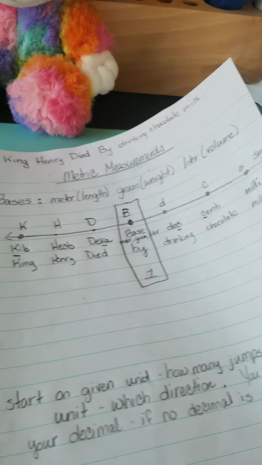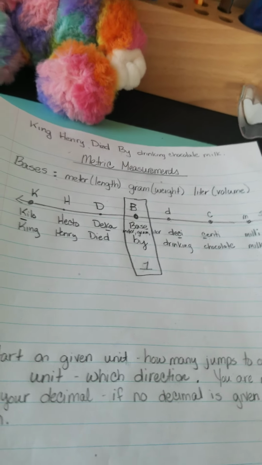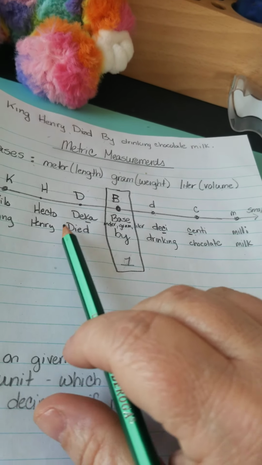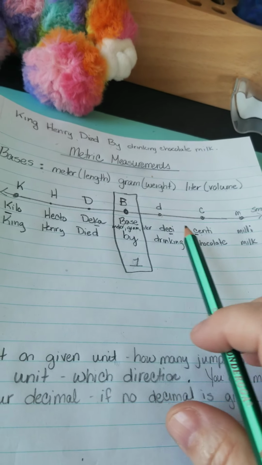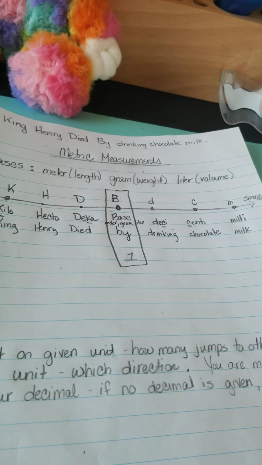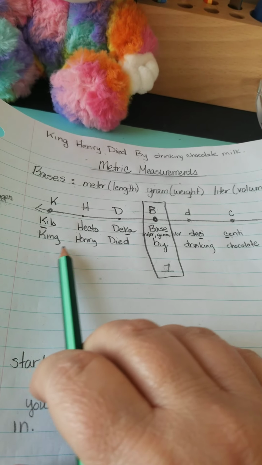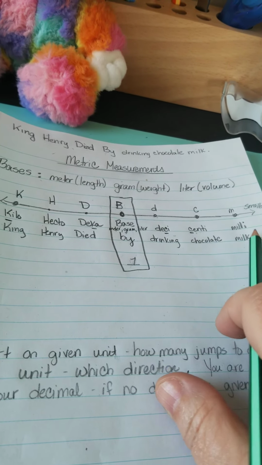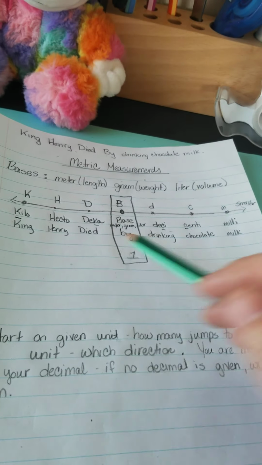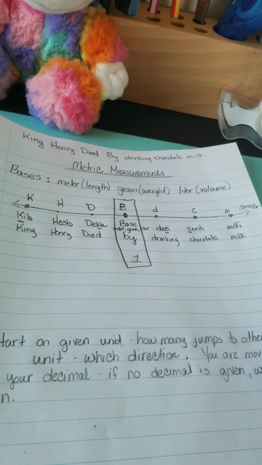When we figure out how we are going to change from, say, a hectometer to a decimeter, we're going to be using this. But when you go to do your work, do you have to draw this whole thing out? No, that's what's great.